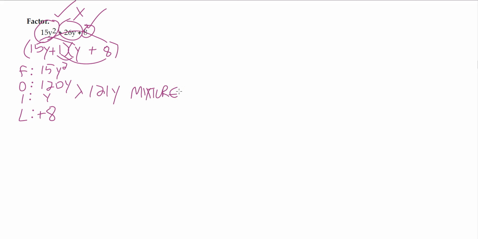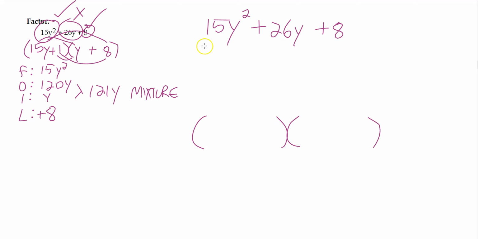So I want to demonstrate, rewrite this, a way that you can go by trial and error a little more efficiently than writing this down and checking all the way through. So we're trying to come up with a factoring. And 15 and 1 and 1 and 8 are ways that I can make 15 and 8.